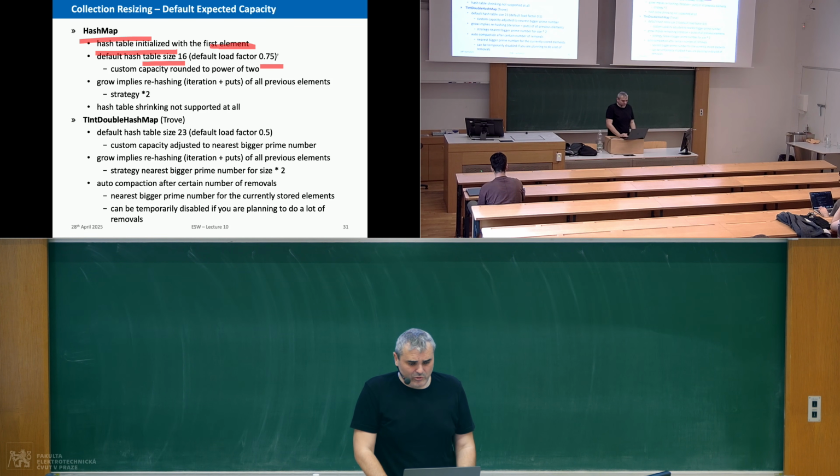Capacity is then growing by multiplication of 2, so power of 2, in fact. 16, 32, and so on, 64. Implies rehashing, as already mentioned. It's iteration plus put operation on all previous elements. And hash table itself doesn't allow any shrinking at all, the standard one.